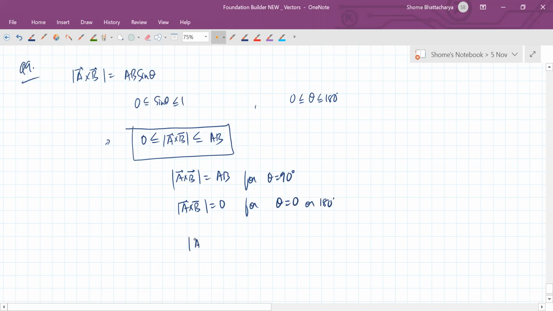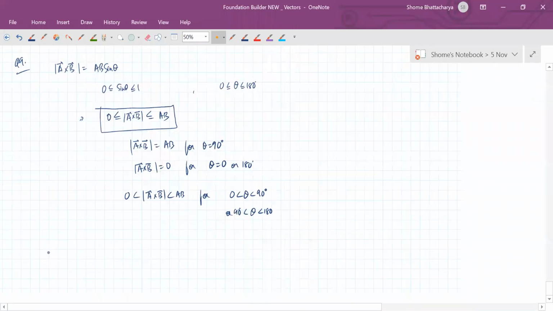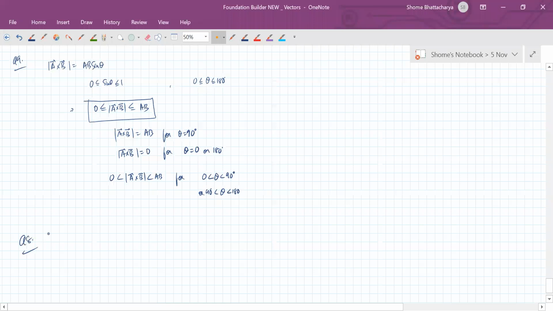And for any other value, it is greater than 0 but less than AB, for theta between 0 and 90, or theta between 90 and 180. Okay, so Rishi, hope this is clear. Let's come to question 8 next.